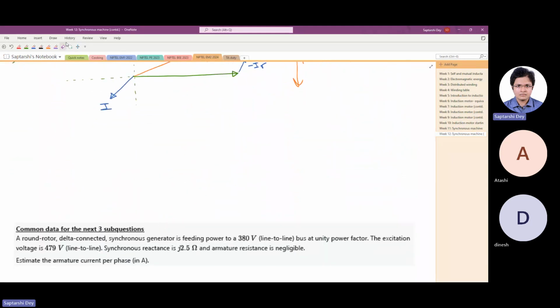So we can quickly write it down. You have motor and generator.